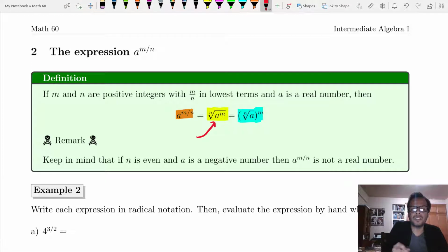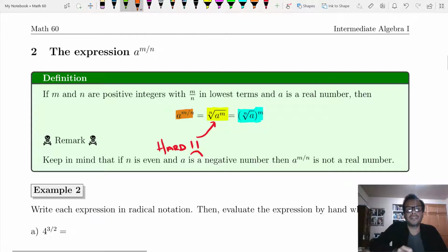This one is hard to do, right? As opposed to this one, it's going to be a whole lot nicer. This one is easy, easier, okay?